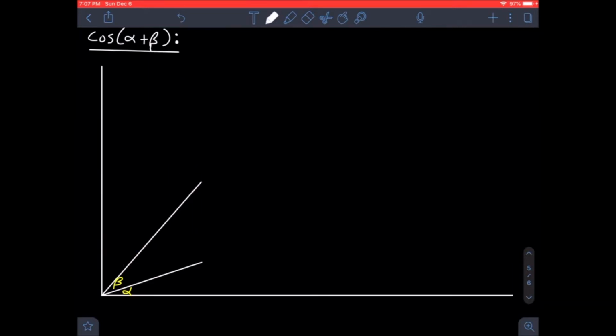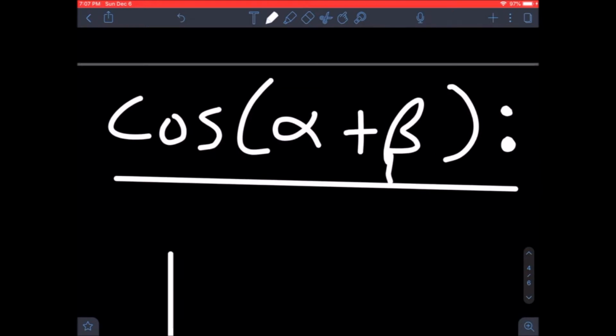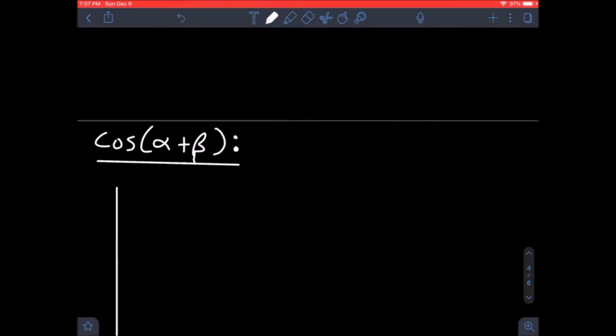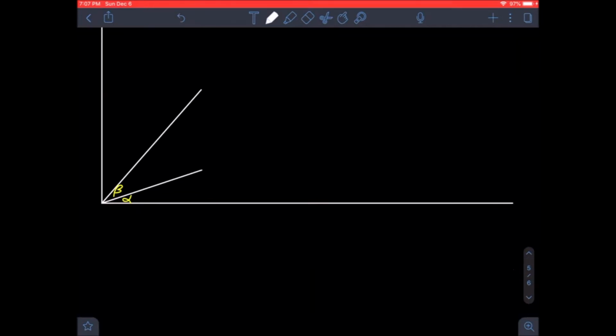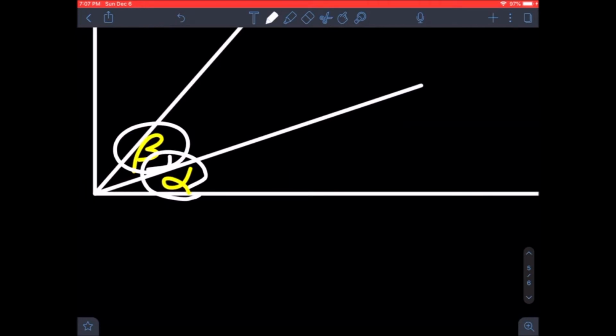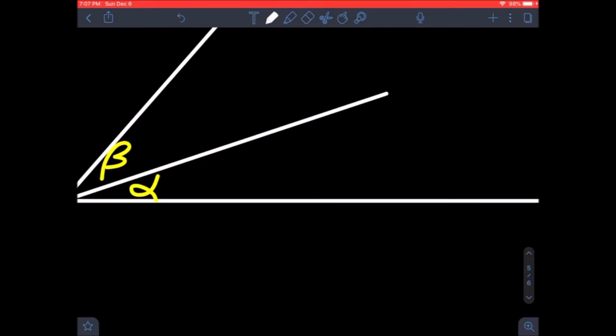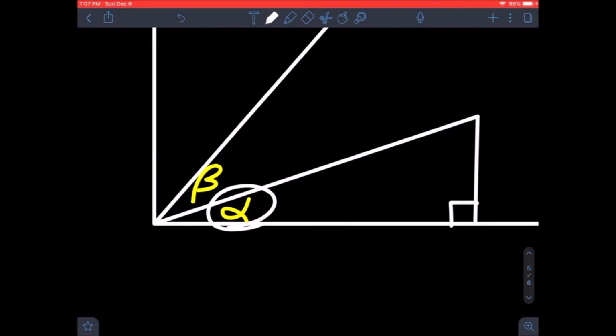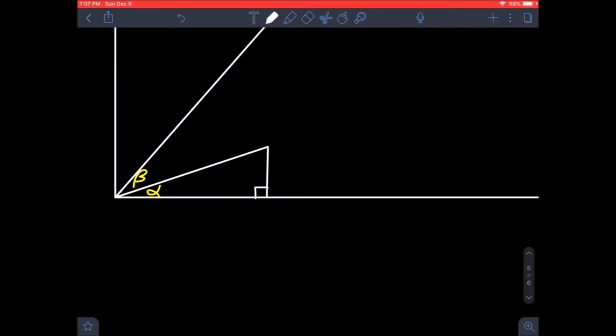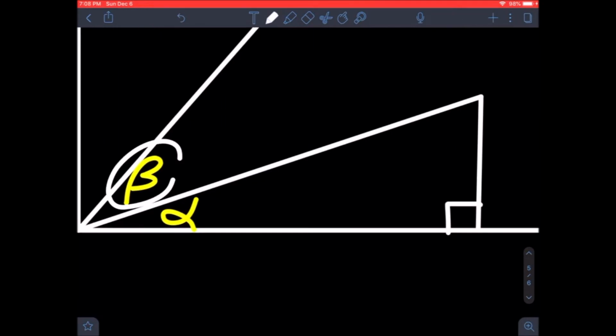Now, if we want to find the cosine of alpha plus beta, the next thing we probably would want to do is draw right triangles, since we're dealing with trigonometry, right? Cosine. So let's draw right triangles out of these angles. To draw a right triangle that uses alpha, all we have to do is bring this line downward like that, and we have a right triangle where one of its angles is alpha. Next, I'm going to draw a right triangle that has beta in it.